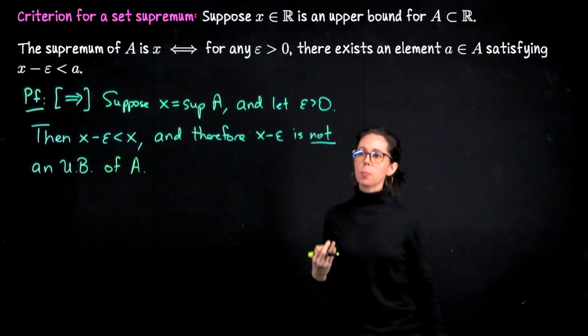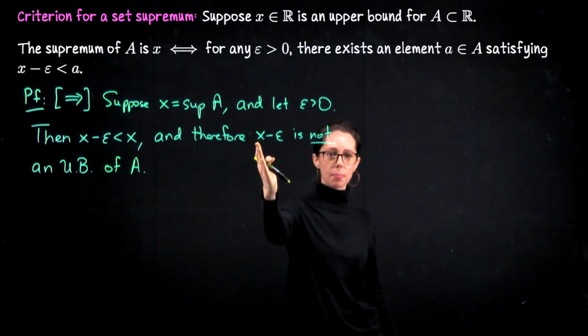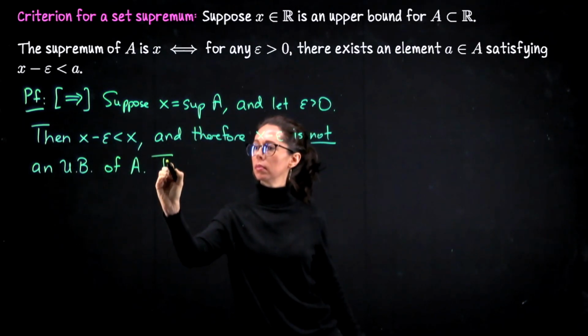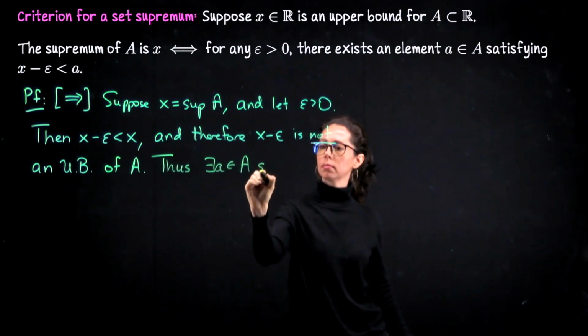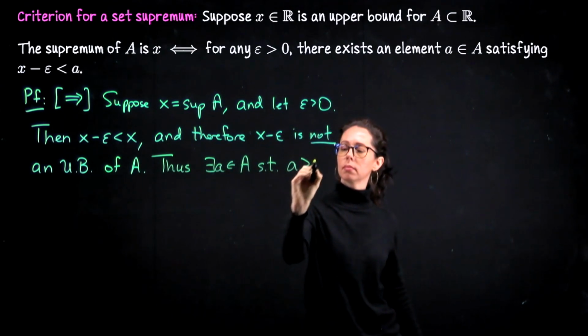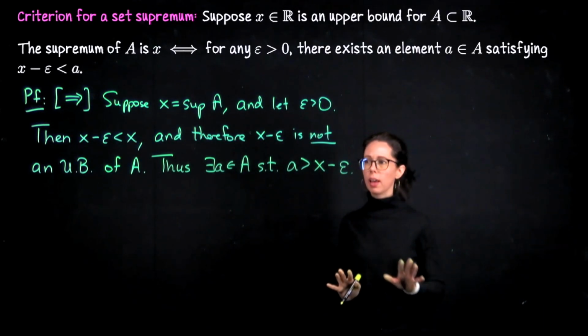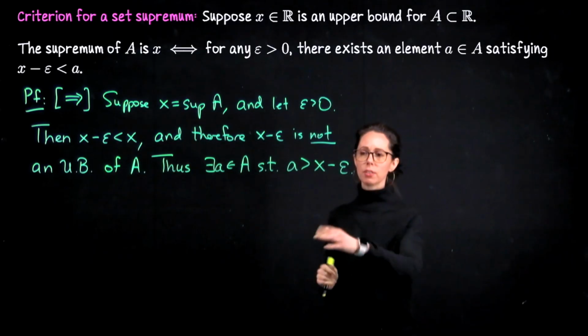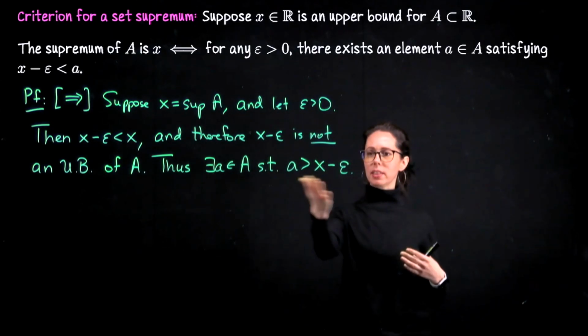Therefore, there must be an element from A which is strictly larger than x minus epsilon. Again, you don't need contradiction here. Everything here comes from definitions. I will do a little bit of contradiction out loud just in case you don't see this right away.